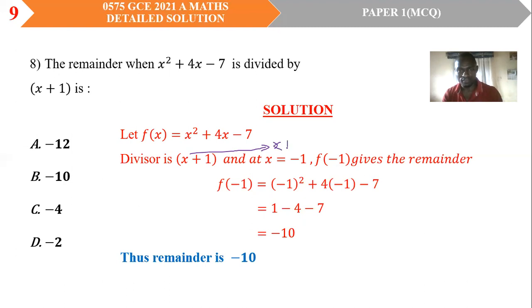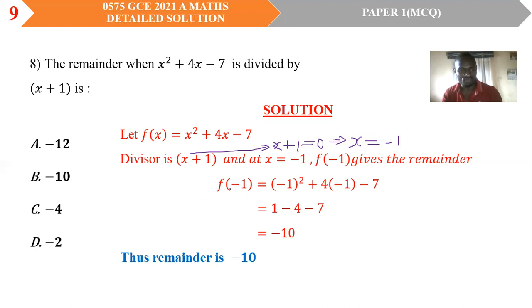You take the divisor, equate it to 0, and find the value of x. x plus 1 is equal to 0, implying that x is equal to -1. That is how we obtain x equal -1. And now, at x equal -1, if we find f of -1, we will obtain the remainder.